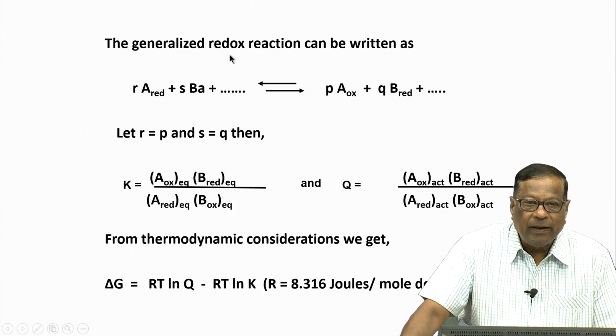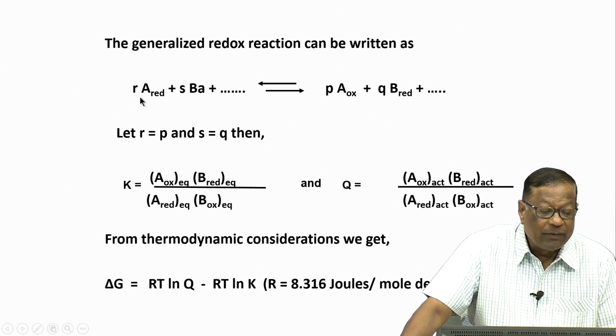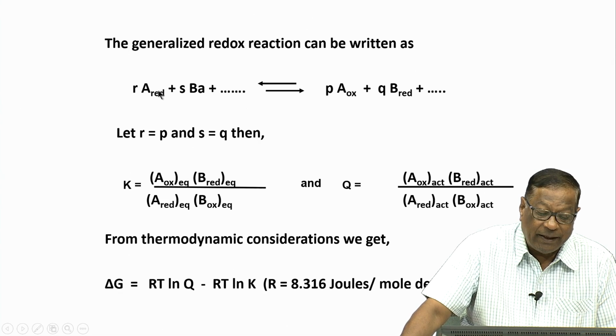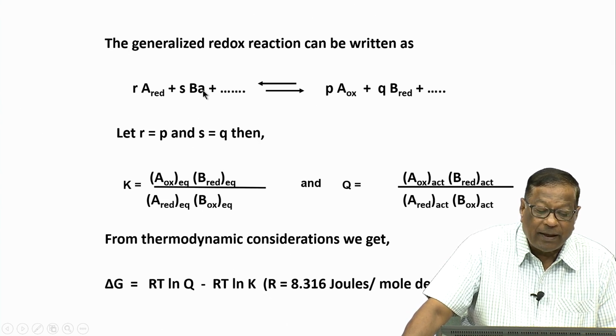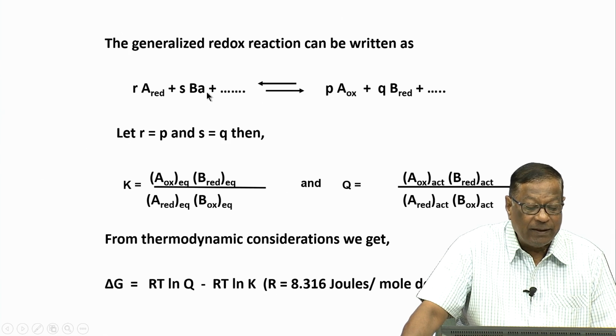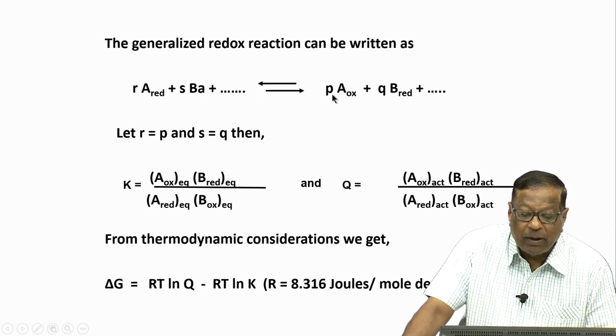So, I can write the generalized redox reaction like this: R molecules of A, that is a reductant, can react with S molecules of B as an oxidant, and that will react to give P molecules of A as the oxidant and Q molecules of B as the reduced species.